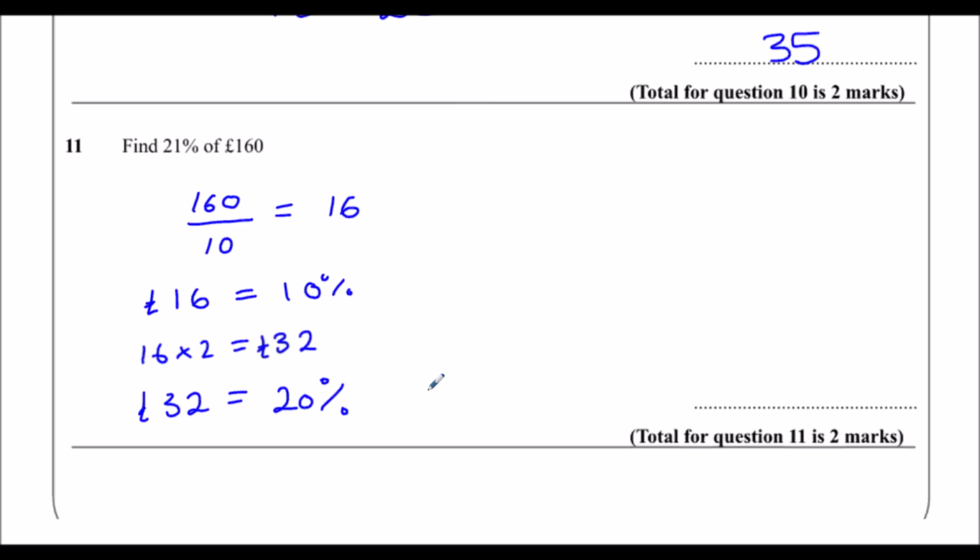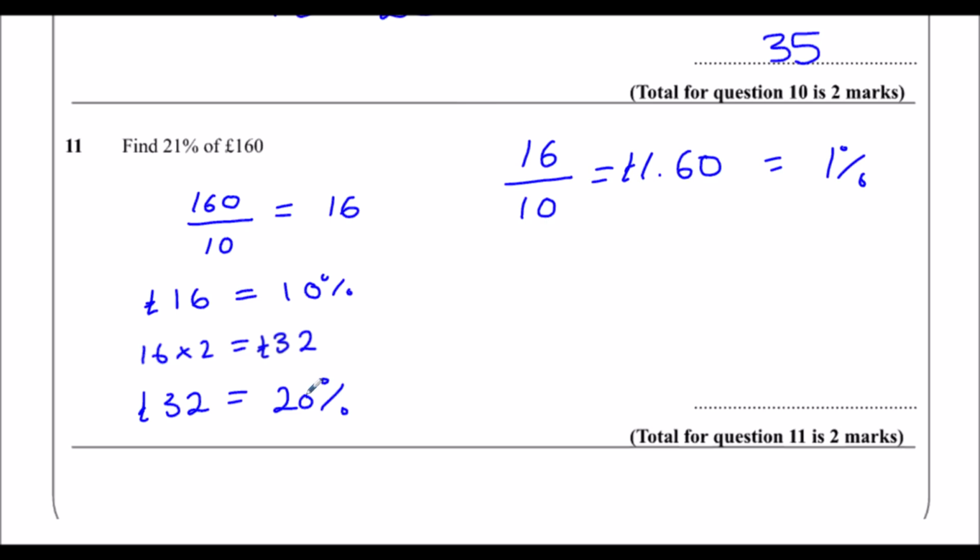And we're going to need to find 1% to add it on. And we can either do 160 divided by 100 or 16 divided by 10. Either one of those. So 16 divided by 10 is 1.6, which is £1.60. £1.60 is 1%.